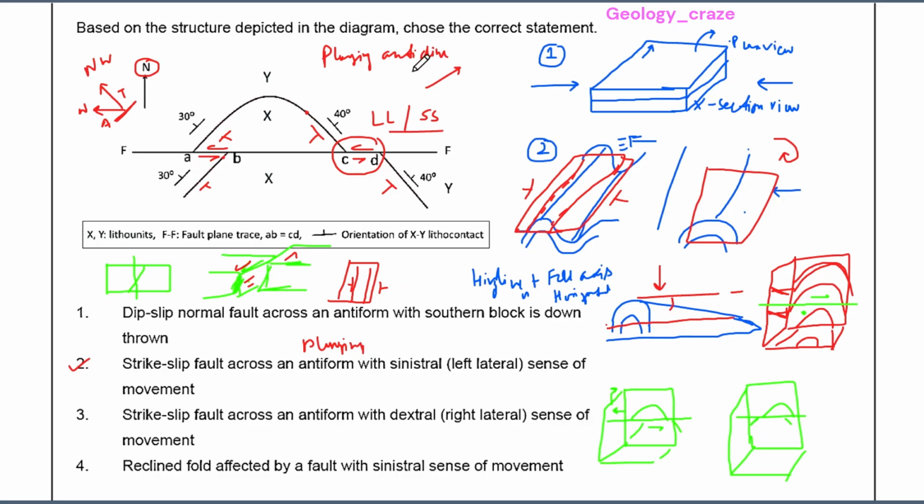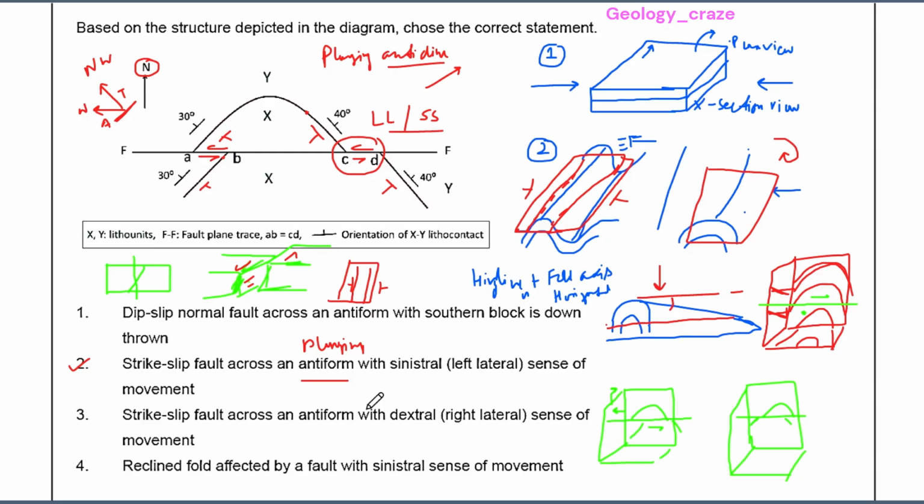Why have I written anticline? They have written antiform. What is the difference between anticline and syncline? What is the difference between syncline and synform? What is the difference between window, nappe, klippe?